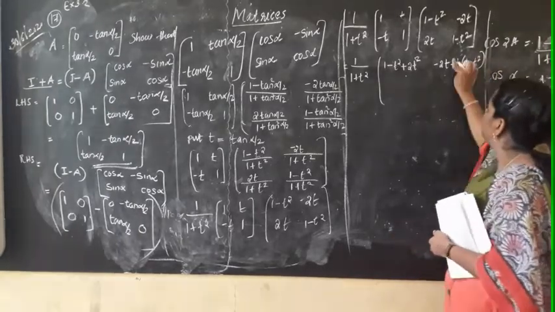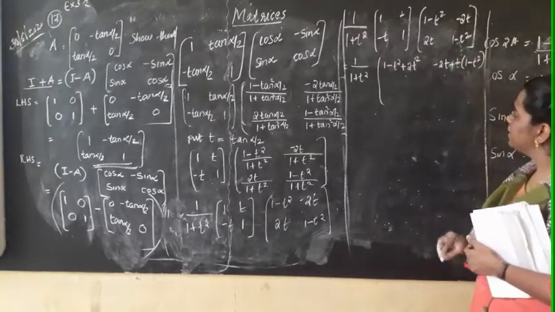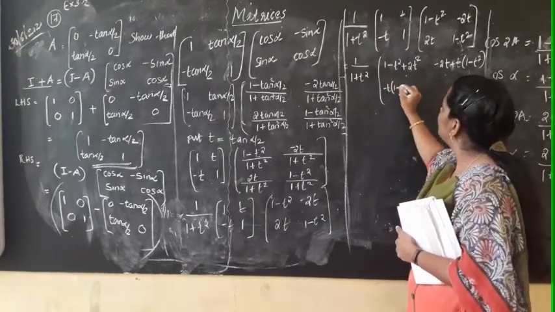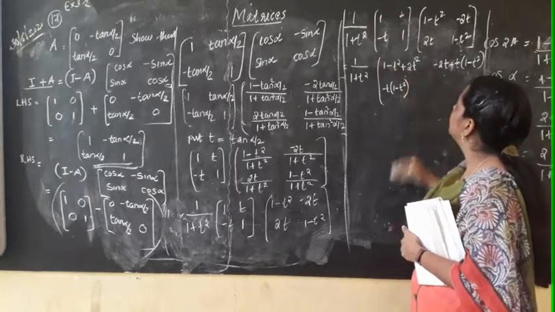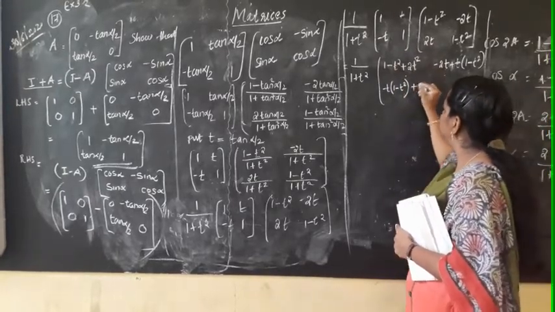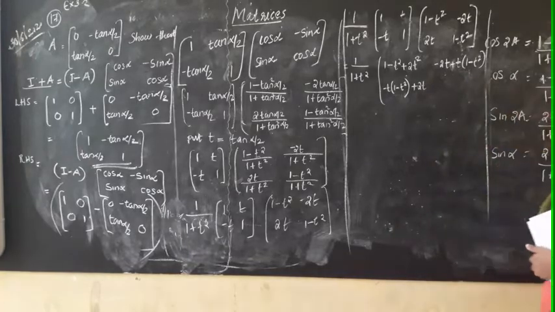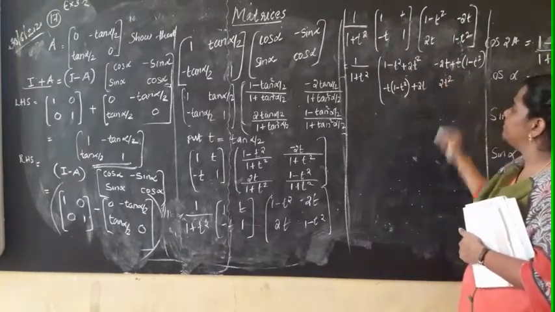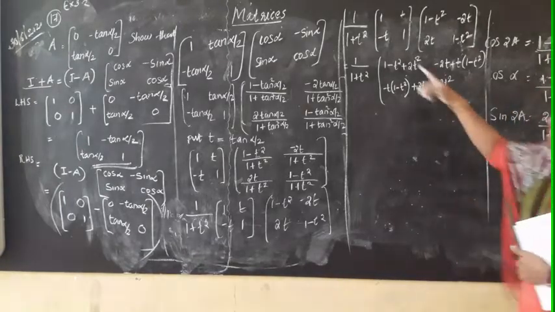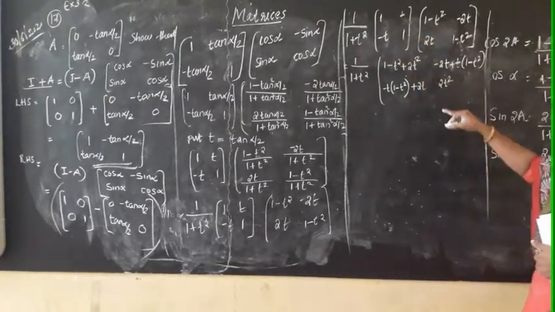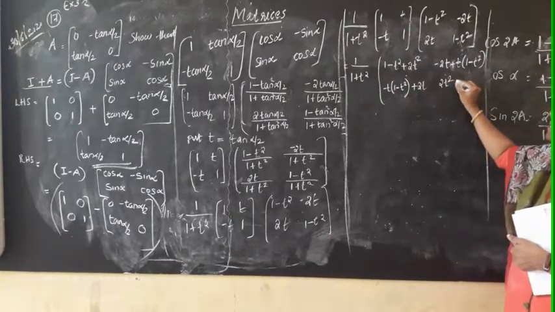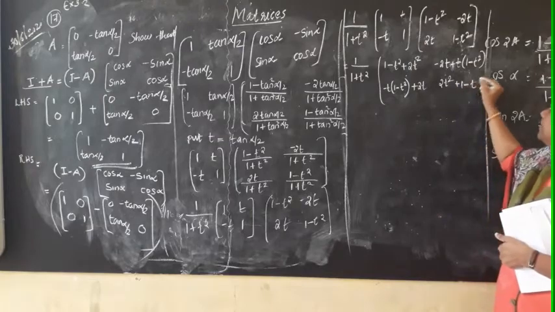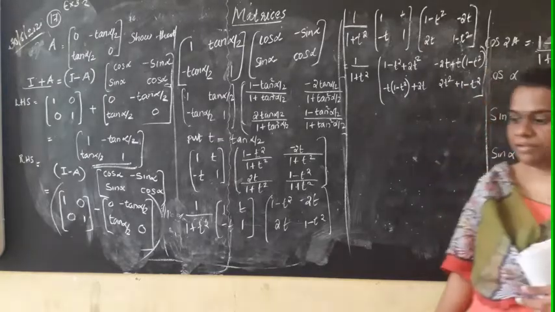Next, second row, first column: minus t into 1 minus t square, plus 2t. Next element: minus t into minus 2t, that is 2t square positive, plus 1 into 1 minus t square. Okay.